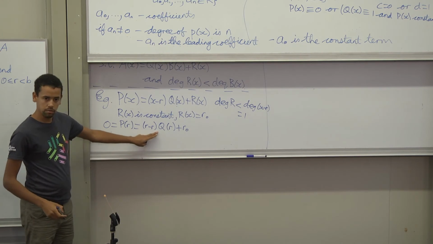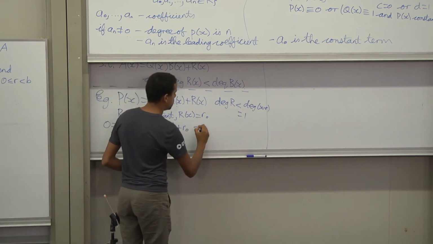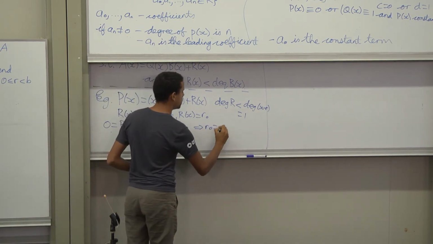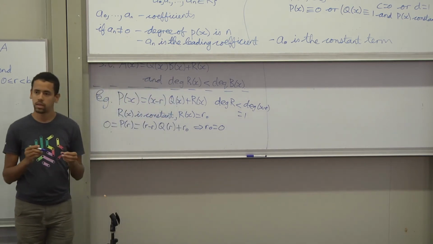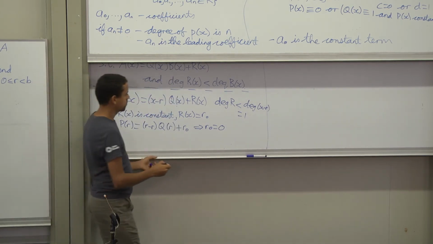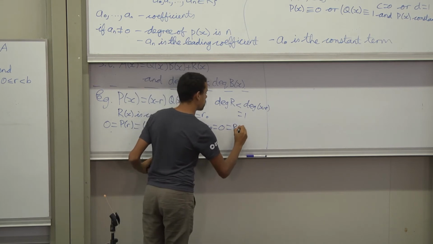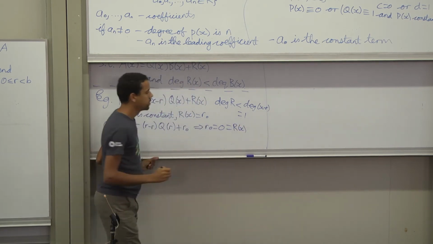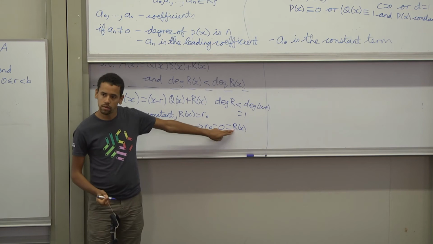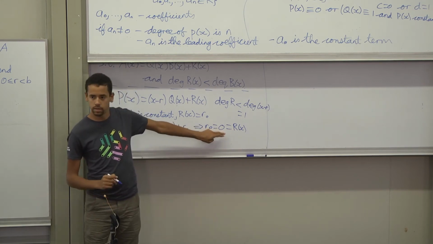That is a 0. So the only thing left is to tell us that this constant we're dealing with is actually 0. So this polynomial r is always constantly 0.